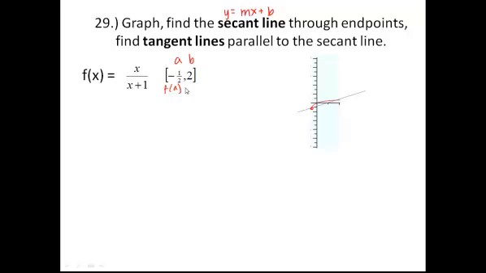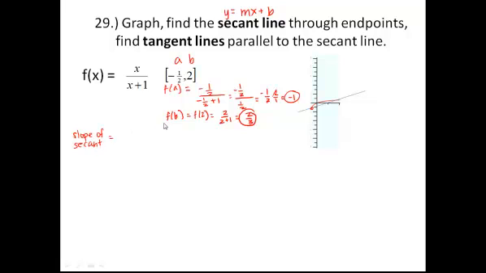I'm going to do that calculation kind of quickly right now. Okay, so f of a is equal to -1 and f of b. Alright, so now to find that slope of the secant, I am going to be doing f of b minus f of a, or y sub 2 minus y sub 1, all over the difference of the x's. So here I go with that.